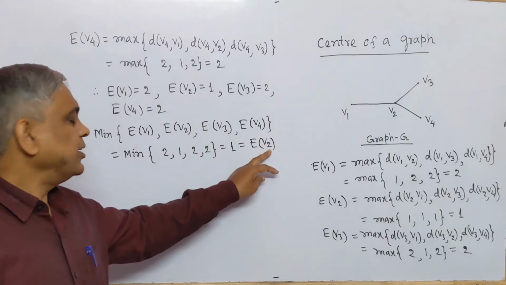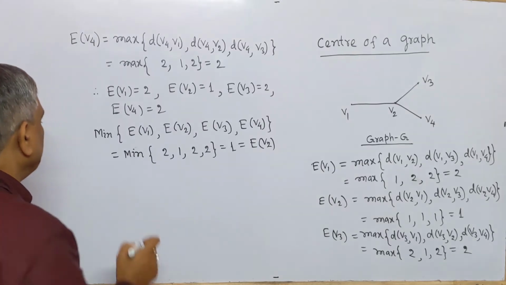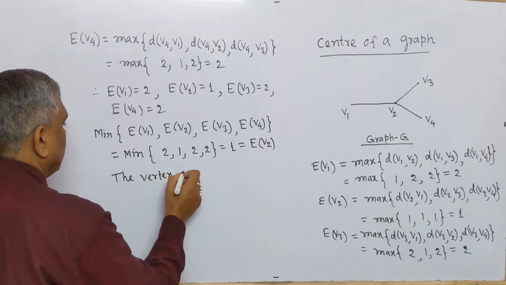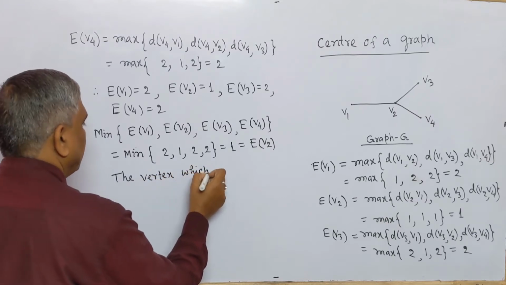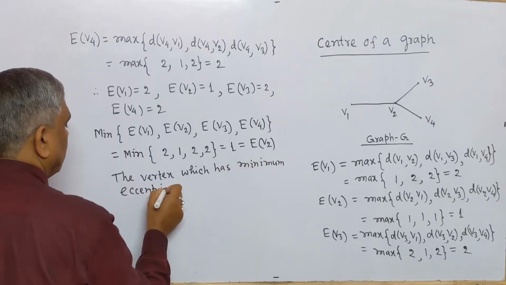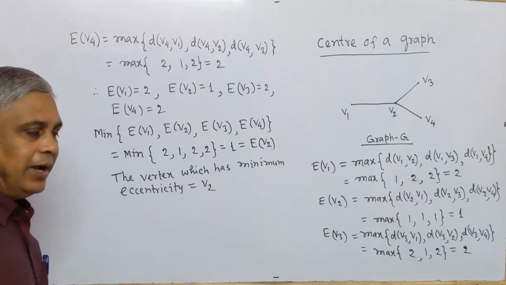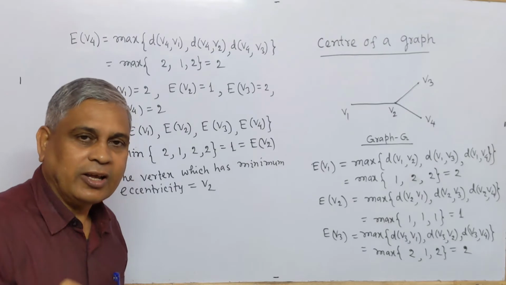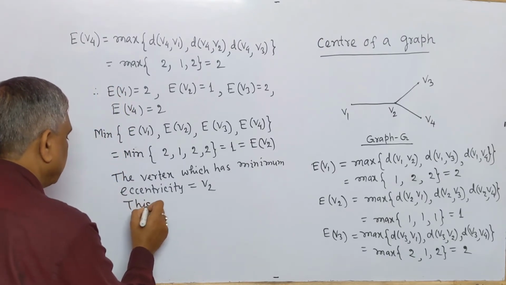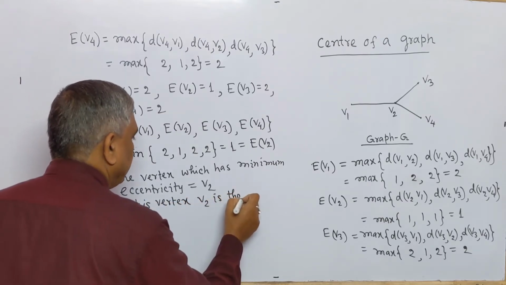So the vertex which has minimum eccentricity is V2, and this vertex is called the center of the graph. This vertex V2 is the center of graph.